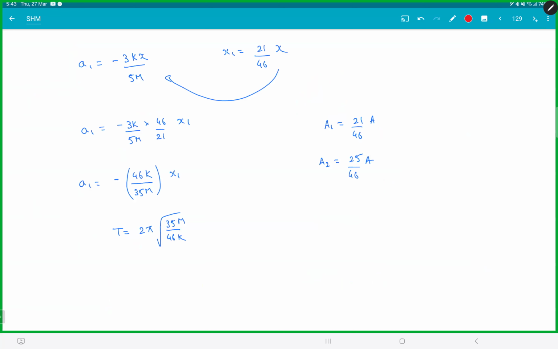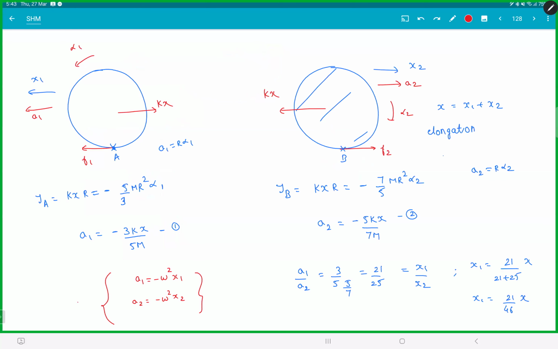Any doubts on this page? This is just solving. But you got the main theme, right? You have to start with an FBD. There's no other way out.